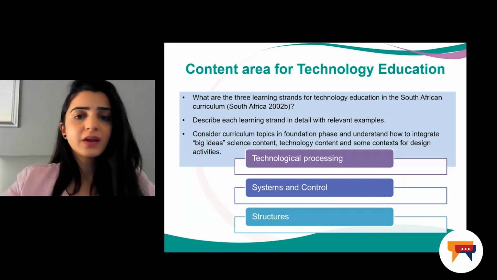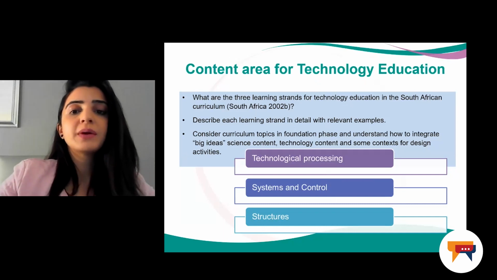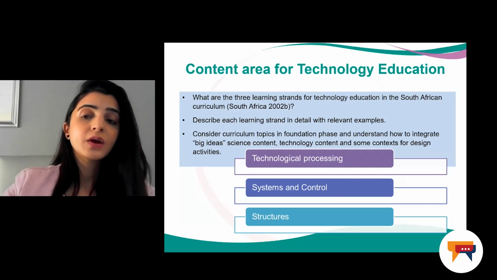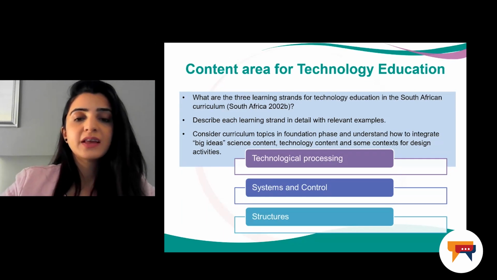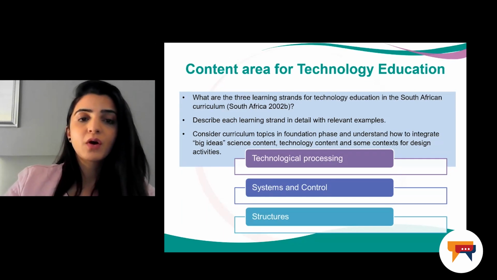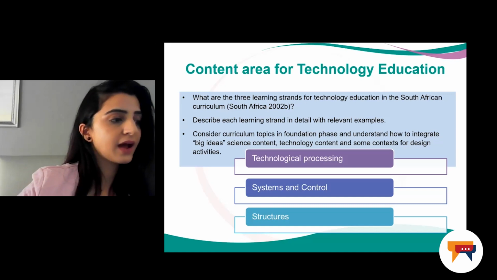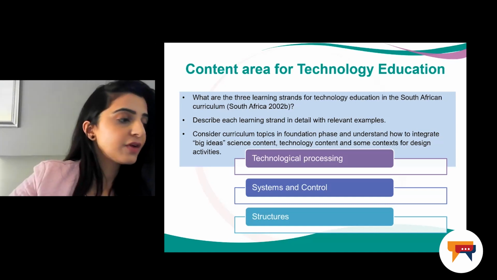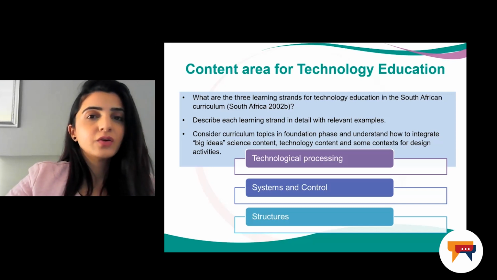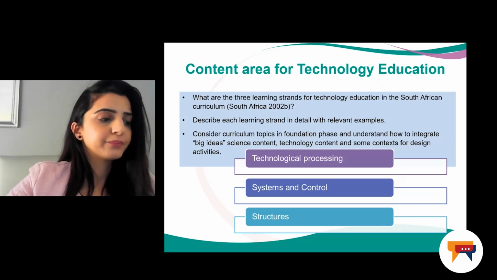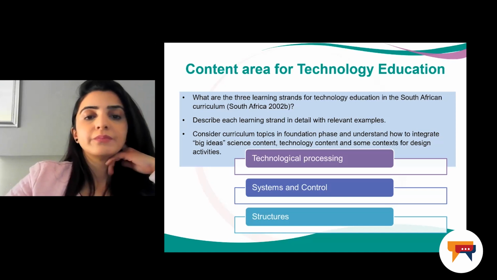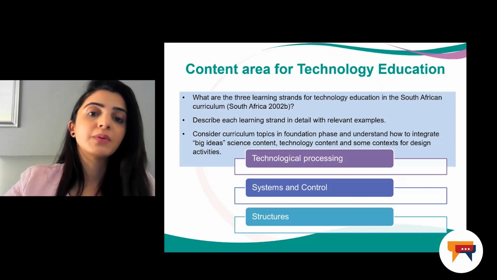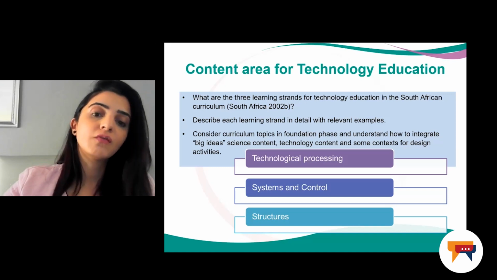And consider also the curriculum topics in the foundation phase and how to integrate the big ideas that we spoke about previously within the science content, technology content, and some context of the design activities. So this is very important to understand. You can work through it in unit 4, and it's always better to work through this content with examples so that you have a better understanding of how to apply your knowledge.